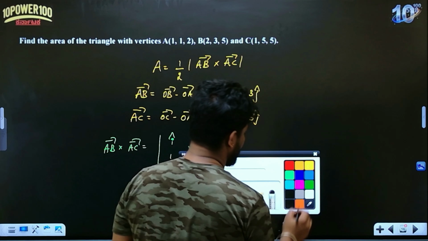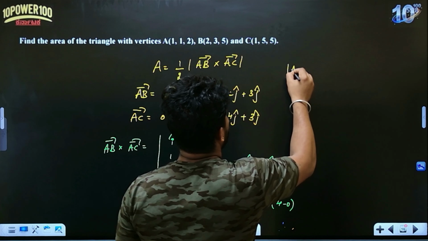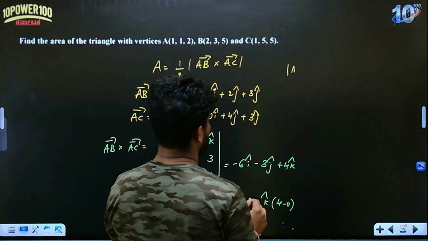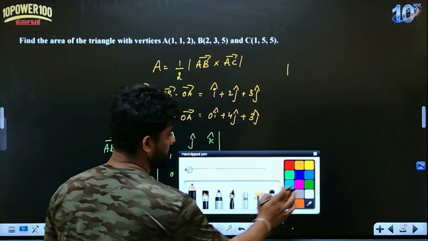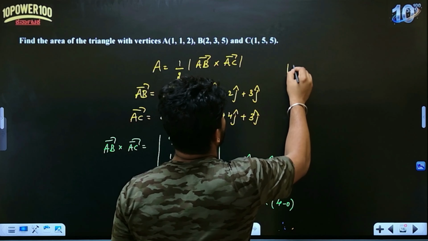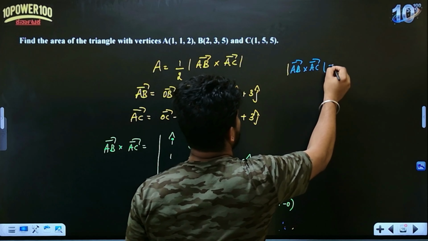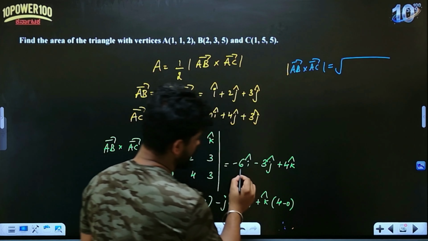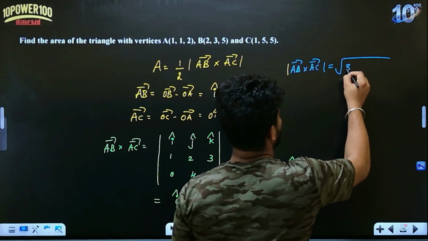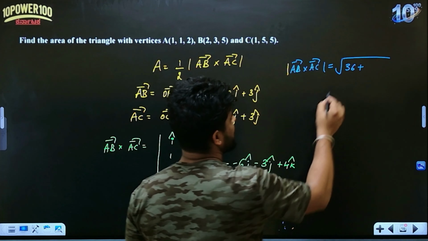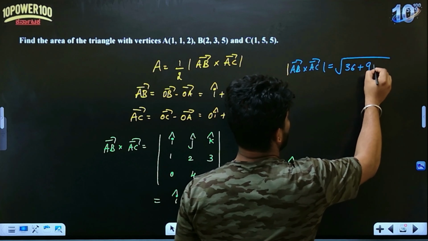So magnitude of AB cross AC is equal to 36 plus 9 plus 16.